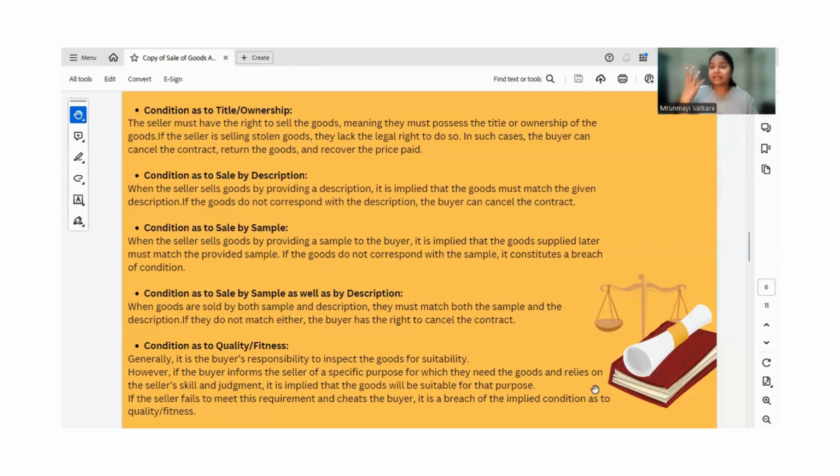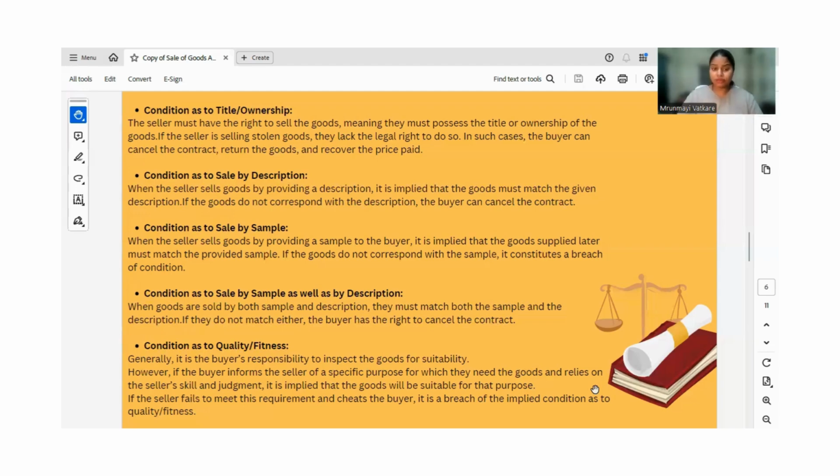If the buyer has clearly mentioned the purpose they are buying the goods for, that explicit mention means you have to match the quality and fitness. If the seller fails to meet this requirement and cheats the buyer, it is a breach of an implied condition as to quality and fitness.